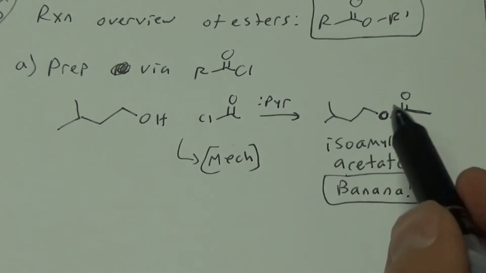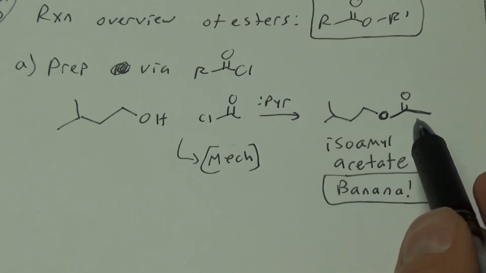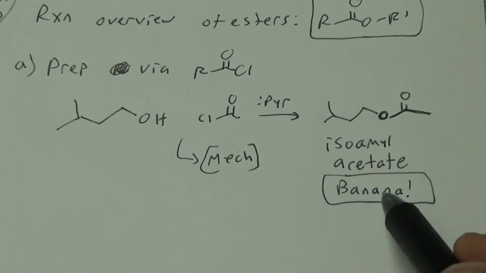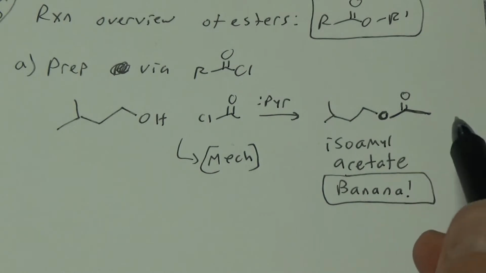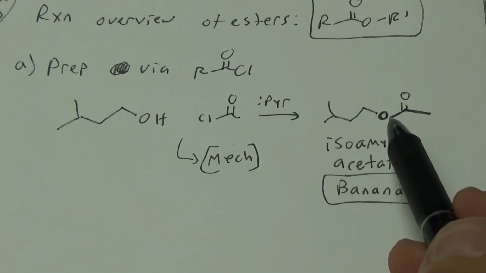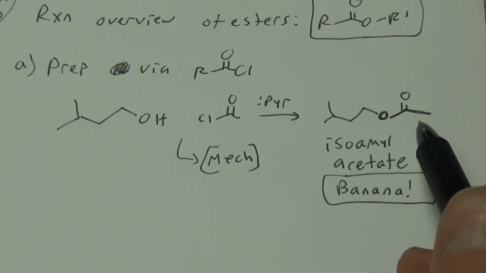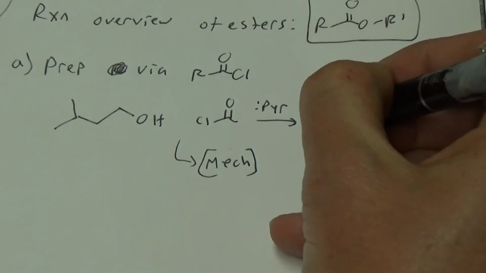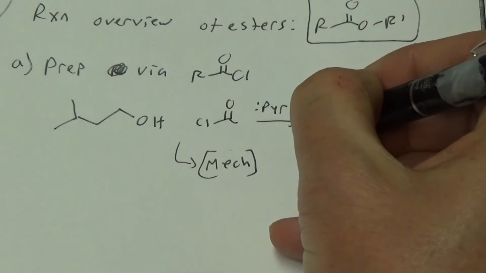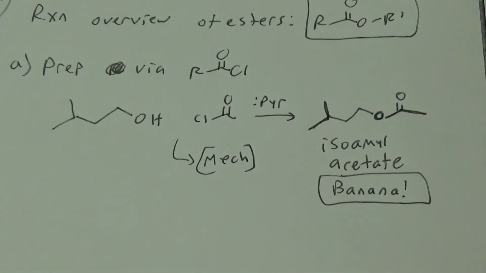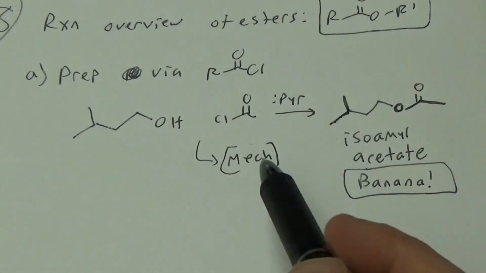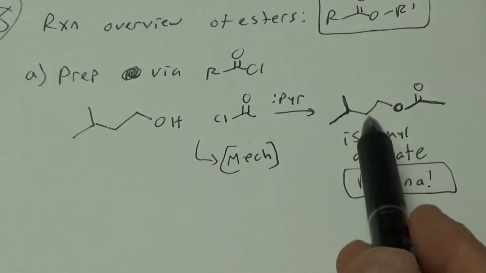If you have a little bottle of this, it's an intense banana smell. It's actually pretty amazing. In the Organic 2 lab, this is one of the molecules you actually make. So in the real lab, not in the virtual lab. And yes, you actually make it and you get to smell it. It's a really cool smelling compound, like a lot of esters that smell fruity. Okay, so one of the ways to make esters is from acid chlorides.